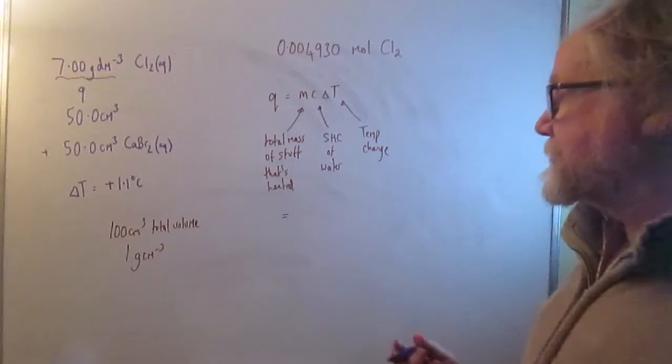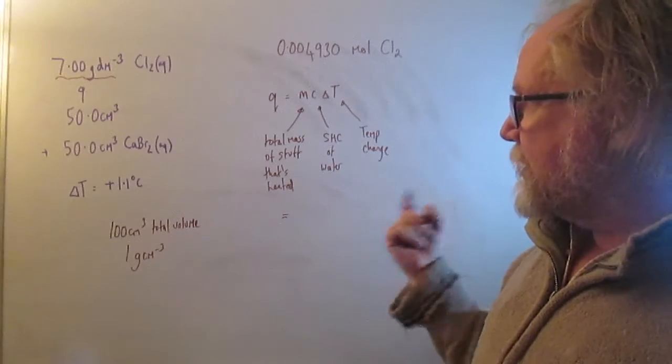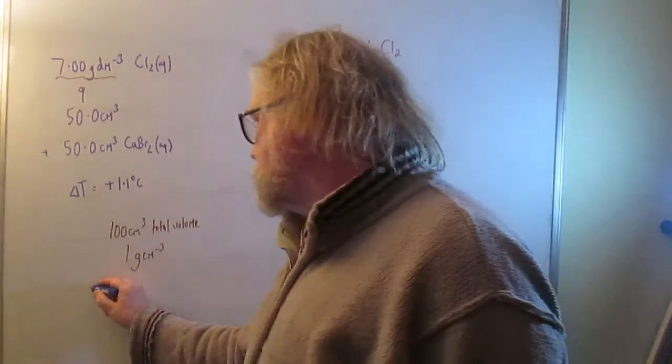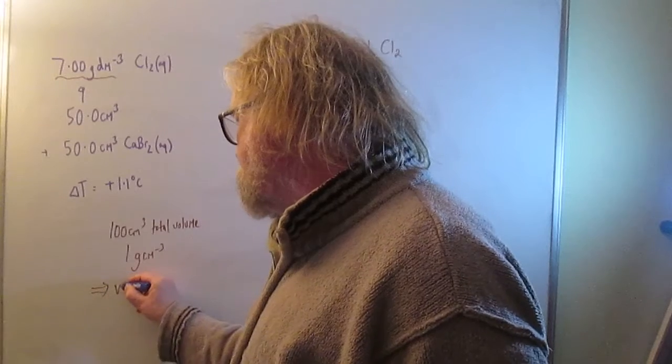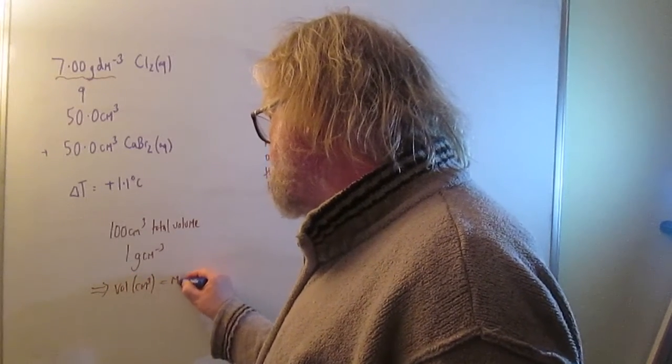You always make that assumption, that if they don't tell you the mass of the solution, you work it out from the volume by assuming the density is 1 gram per cm cubed, which means that the volume in cm cubed is equal to the mass in grams.